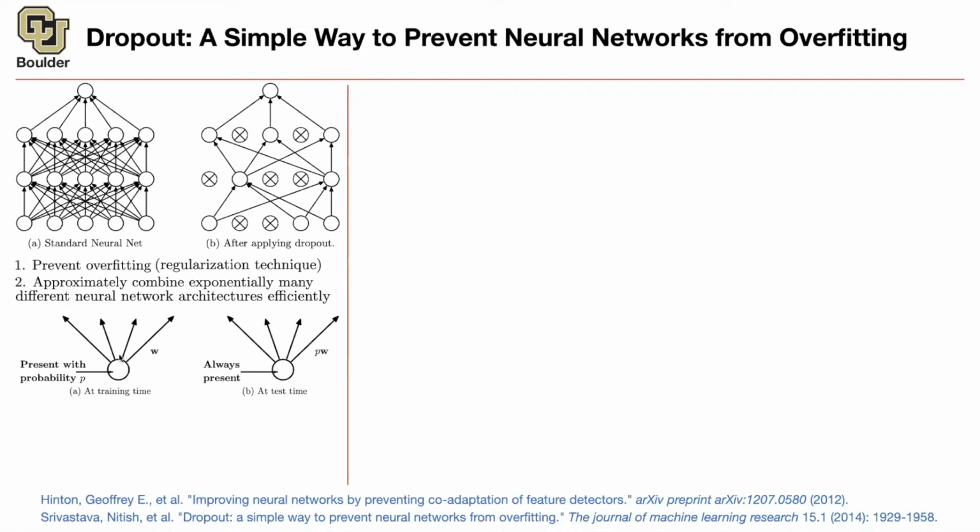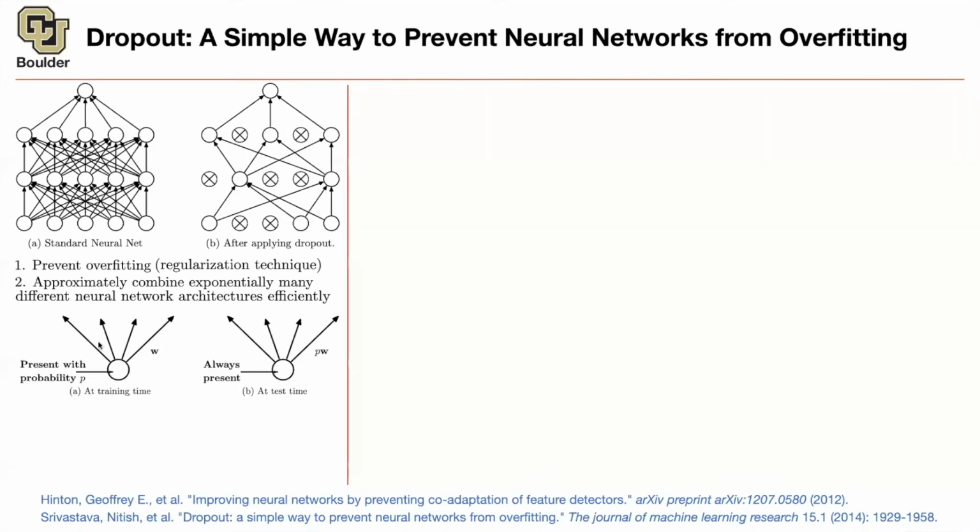This neuron, for instance, is going to be present with probability P per each round of training. Each data point comes in and it either sees this neuron or does not see it. It's either going to go through it or it's absent. It has to go through another route when you do your forward propagation.